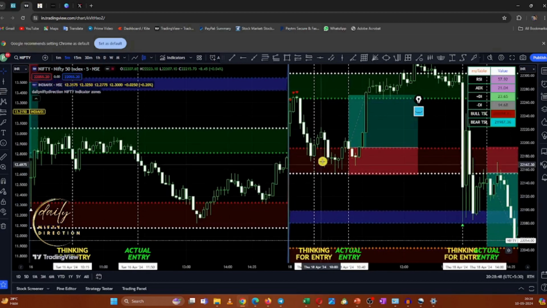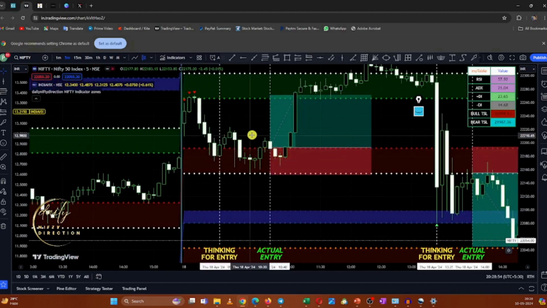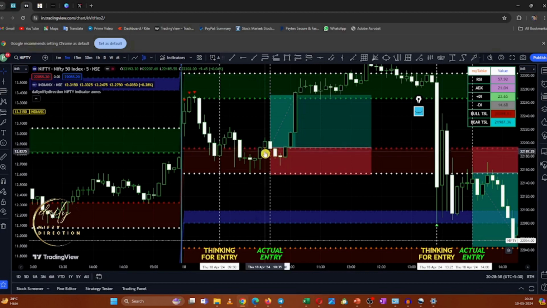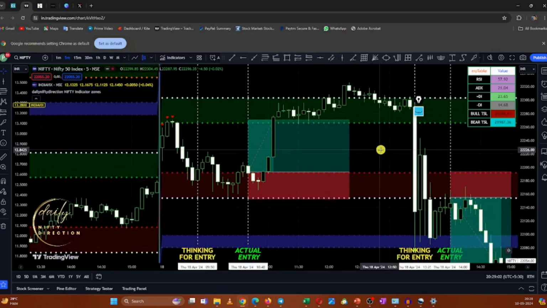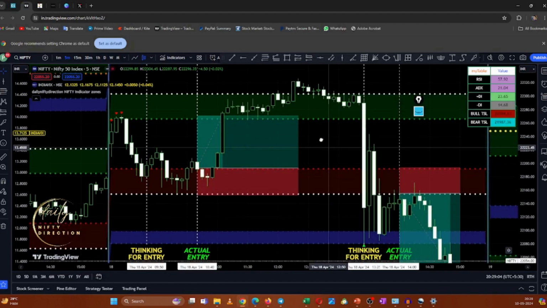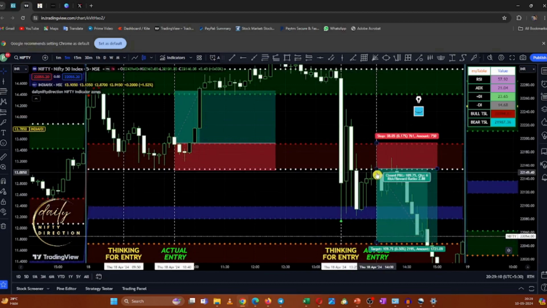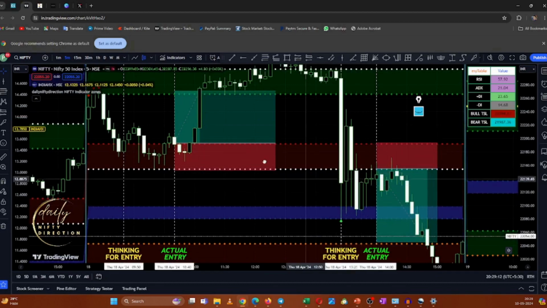Here also you were thinking for entry and your entry got confirmed on this particular candle, and you took entry on this line and your target was hit. Here also you are thinking for entry, but you got your actual entry here.